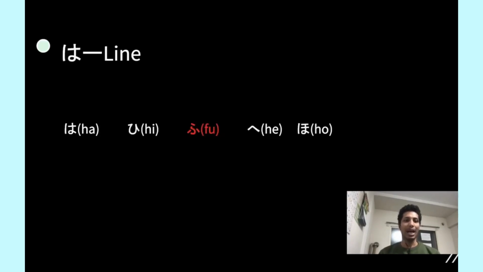This is the ha line. Again there is an exception here. We start with ha, going forward in a similar manner as in earlier lines, hi, but the next should not be hu but fu.